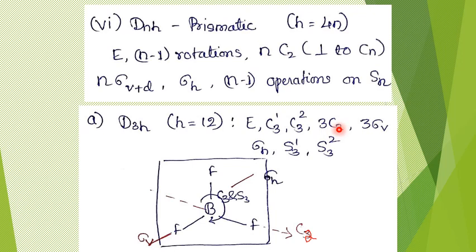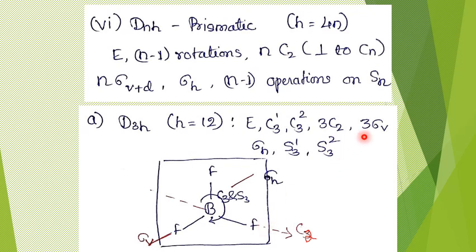Now along with that, we even have sigma h, so the molecule should be D3h. Other symmetry elements or operations are also possible. If you place a plane along each BF bond, that will serve as a plane of symmetry. So three such planes exist, and by definition they are sigma v's.